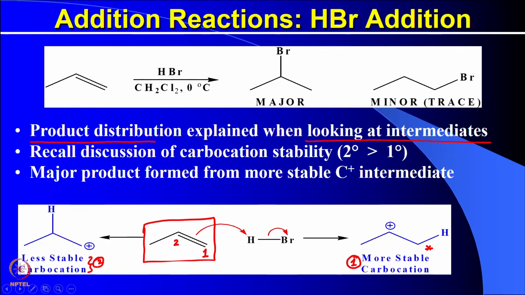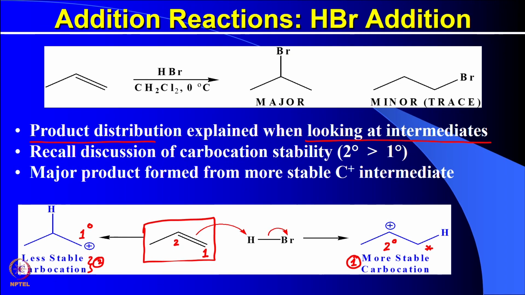Now, if you compare the stability of these two carbocations, what you see is that this carbocation 1 is a 2 degree carbocation, while this carbocation 2 is a 1 degree carbocation. And we have already learned in our previous week's lecture that 2 degree carbocations are more stable compared to 1 degree carbocations. Therefore, this 2 degree carbocation is more stable, and hence this forms in much greater amount.